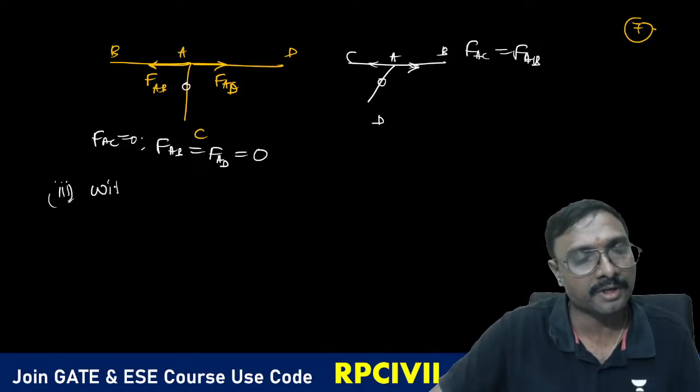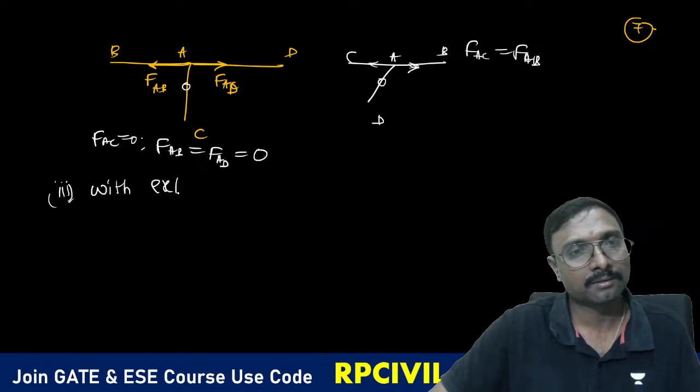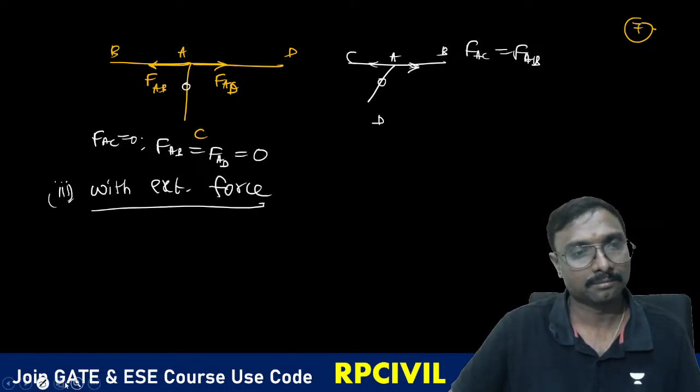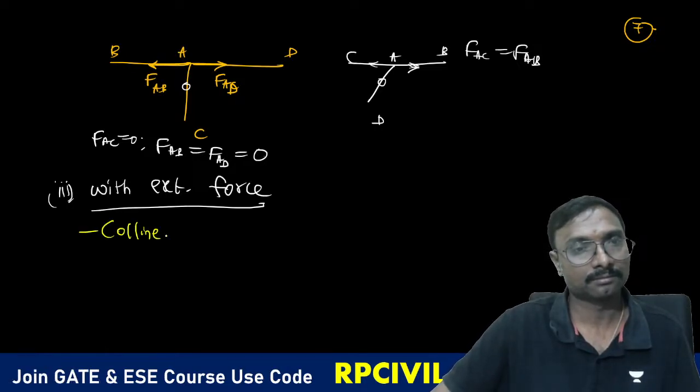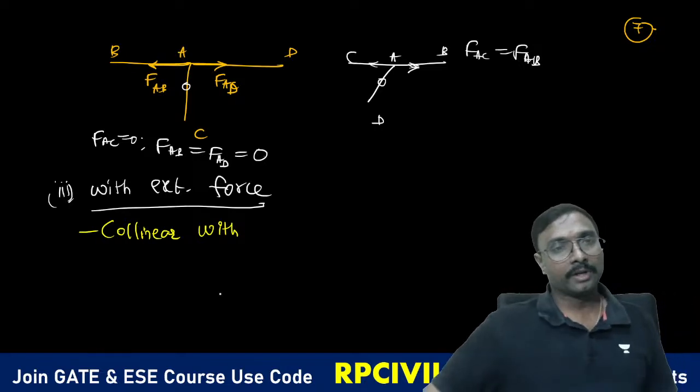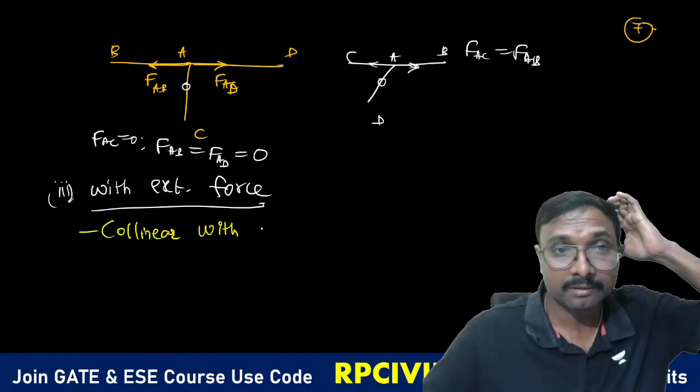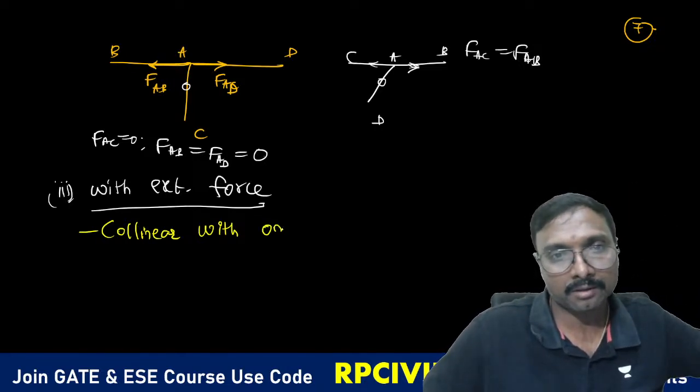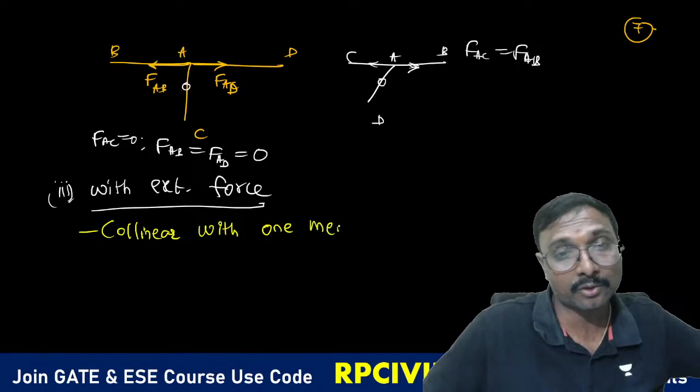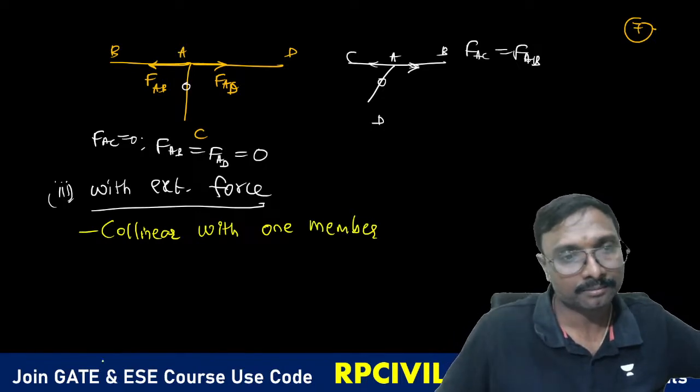When external force is there, which one is collinear with one member?